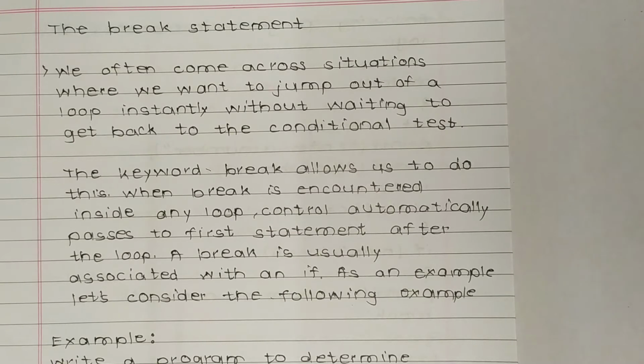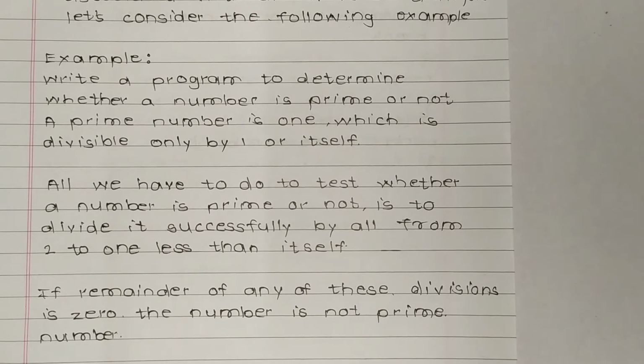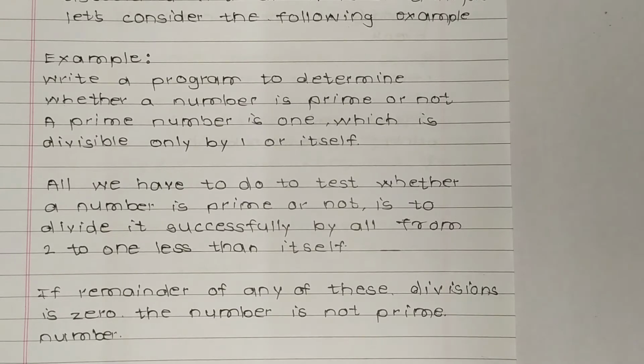As an example, let us consider the following example. Write a program to determine whether a number is prime or not. A prime number is one which is divisible only by 1 or itself.